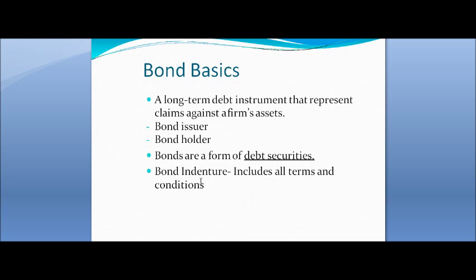The indenture can be quite lengthy and extremely tedious to read, but it is important because it contains all the relevant facts about the bond issue. This includes information about the type of the bond, the size of the issue, the terms, the financial backing for the issue, and provisions that protect the investors.